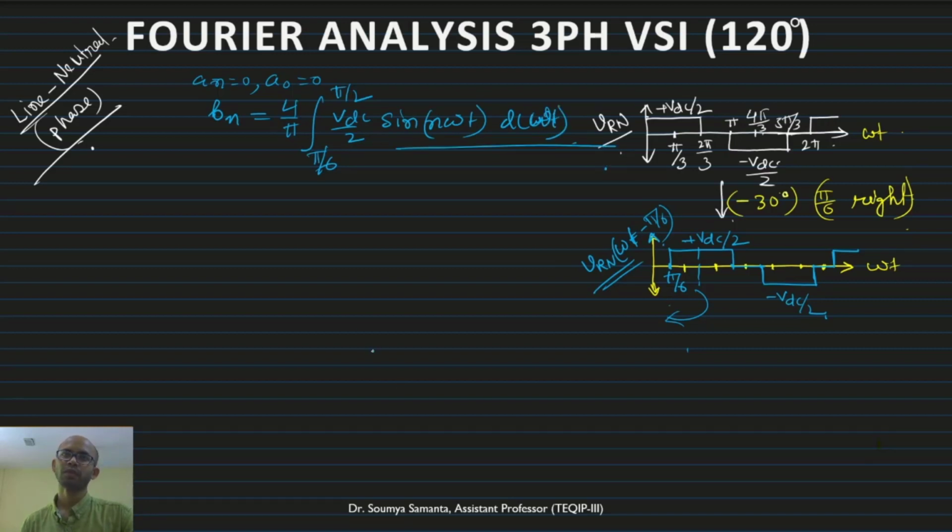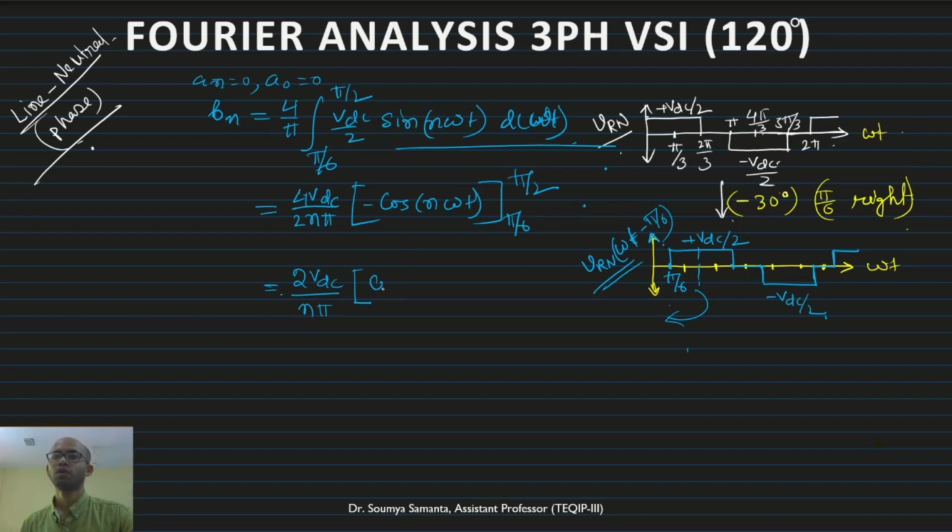So now if we find out, what will happen? 4 VDC by twice n pi. After integration I have taken out the n, so this will be the cosine of n omega t, from pi by 6 to pi by 2. So what will the final expression be? The final expression will be twice VDC by n pi, and here it will be cosine of n pi by 6 minus cosine n pi by 2.